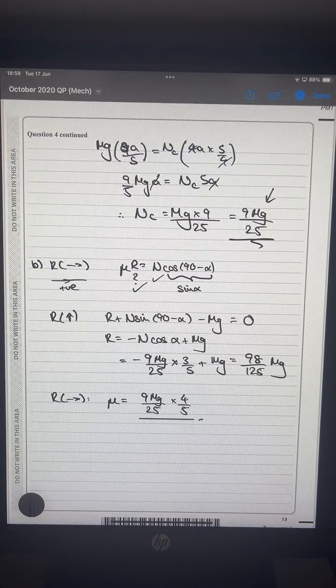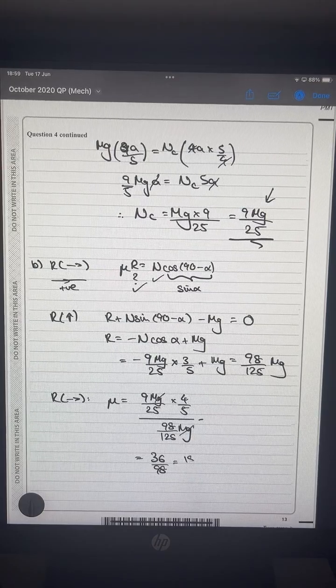And I am dividing that by R, because I've just divided by R in one step. If it helps, plugging in then rearranging, you can do that too. So I'm dividing by 98 over 125 mg. And if I put that through my calculator, the mg's will cancel. I get 36 over 98, which simplifies to 18 over 49, which is equal to 0.367 to 3 significant figures.